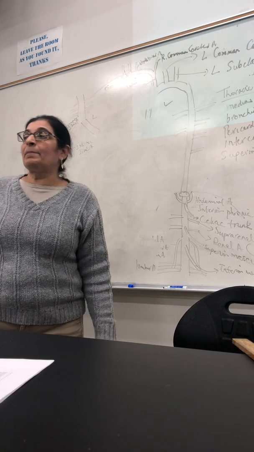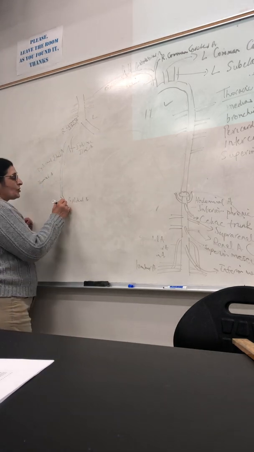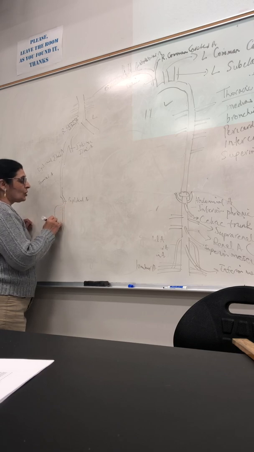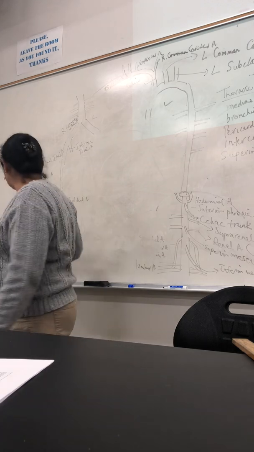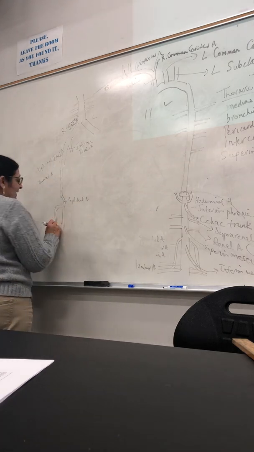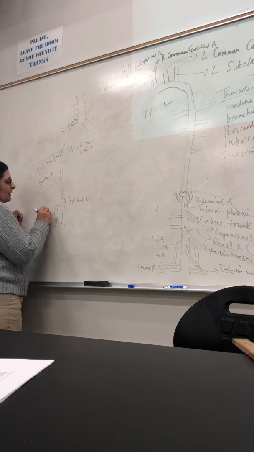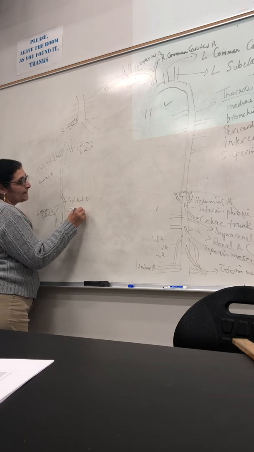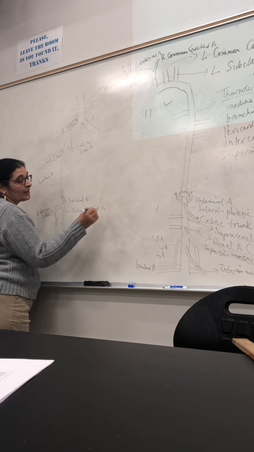Then from the popliteal artery, you have two branches. One branch goes on the posterior side and one branch goes on the anterior side. The branch that goes on the anterior side becomes the anterior tibial artery, and this becomes the posterior tibial artery.